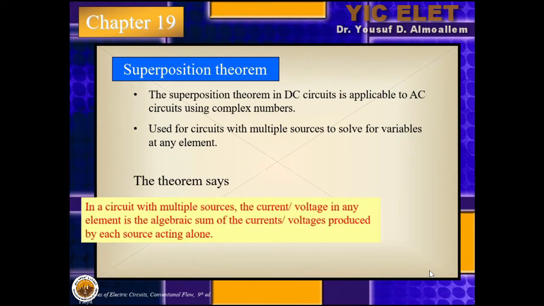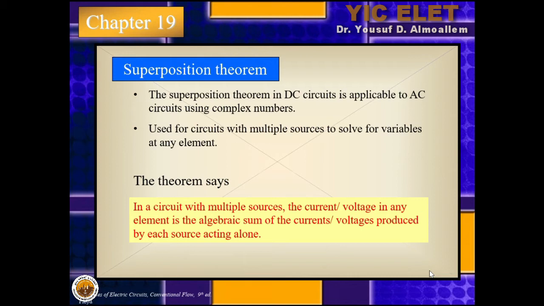Now, the theorem basically says the following. In a circuit with multiple sources, the current or the voltage in any element is nothing but the algebraic sum of currents or voltages produced by each source acting alone.